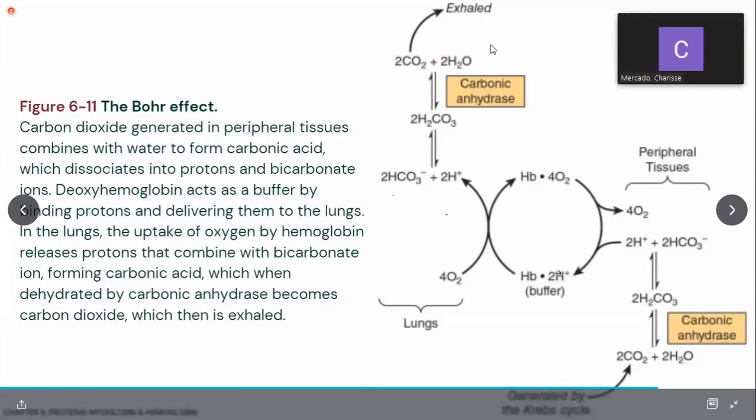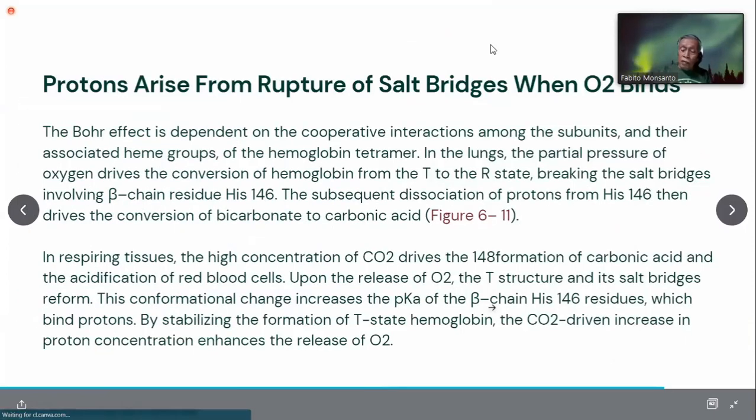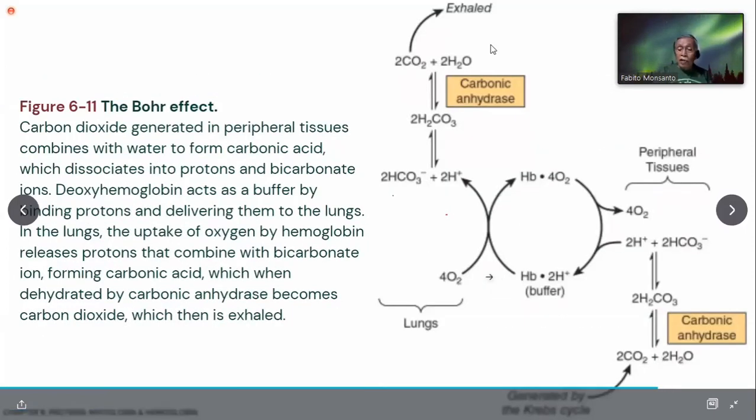All right. And when it is in the lungs already, the oxygen in the lungs, and the buffered hydrogens from the hemoglobin exchange. The hemoglobin takes up the oxygen and becomes oxygenated hemoglobin.